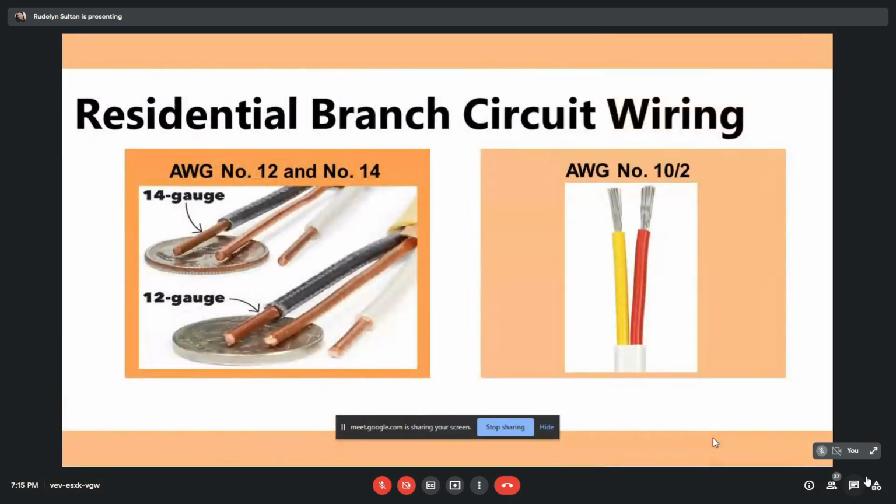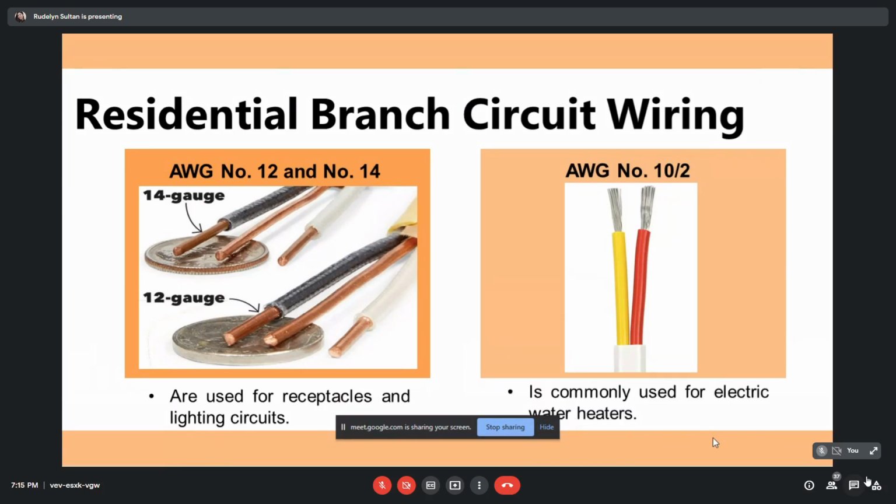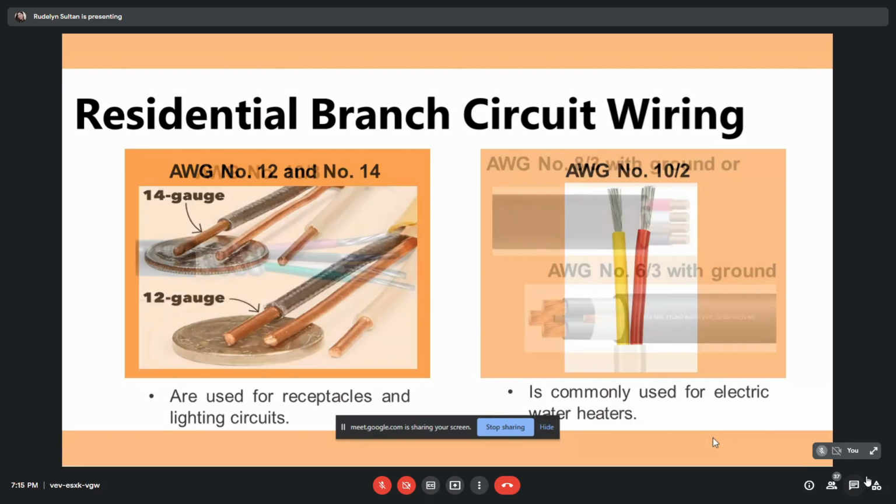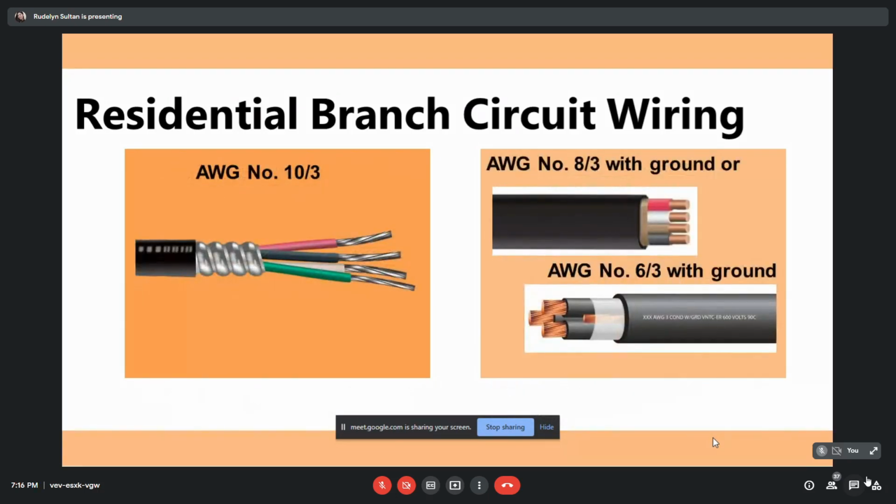Next, we have AWG number 12, AWG number 14, and AWG number 10/2. AWG number 12 and number 14 are used for receptacles and lighting circuits, and AWG number 12/2 is commonly used for electric water heaters. Next, we have AWG number 10/3, AWG number 8/3, and number 6/3 with ground.